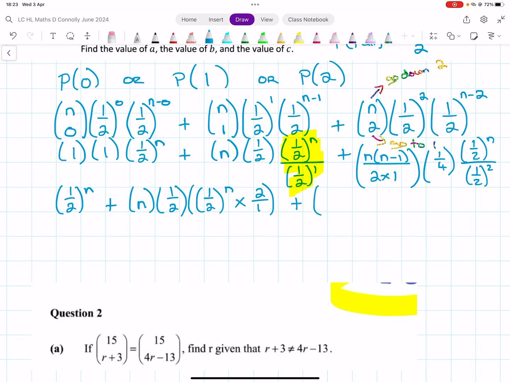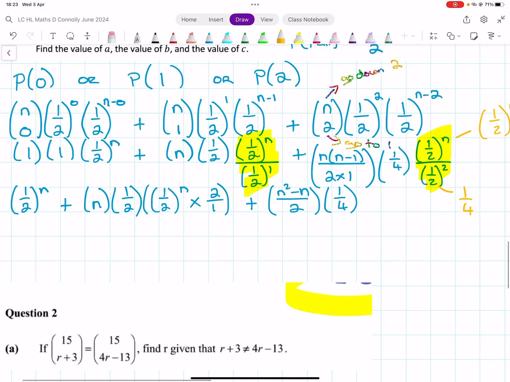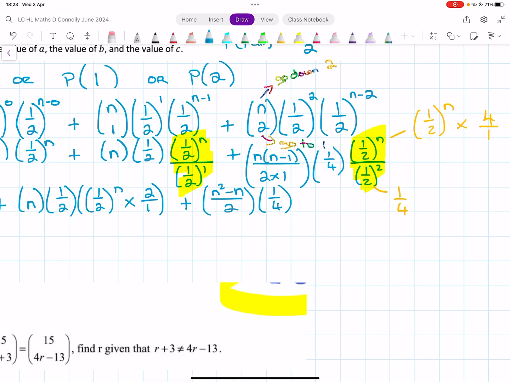The next one is going to be n squared minus n over 2. This is a quarter, and this one I can KFC as well. It's going to be a half to the power of n. This is a quarter, so we can flip and multiply by 4 over 1.